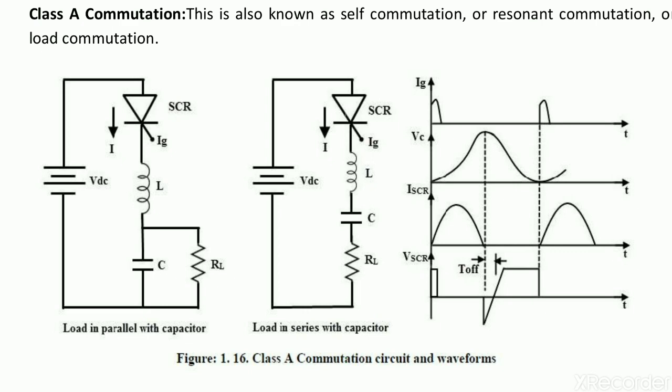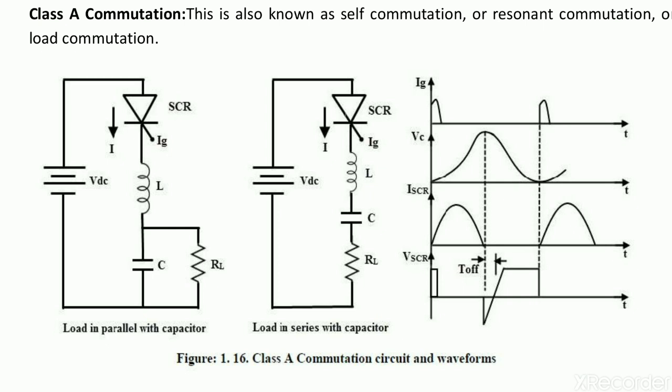So this is the main technique used in class A commutation. I will repeat this technique. After the SCR is turned on, the capacitor will fully charge in both circuit diagrams. After the capacitor is fully charged, the polarity across the capacitor will be positive at the upper side and negative at the lower side. Due to this positive at the upper side, the SCR will turn off.